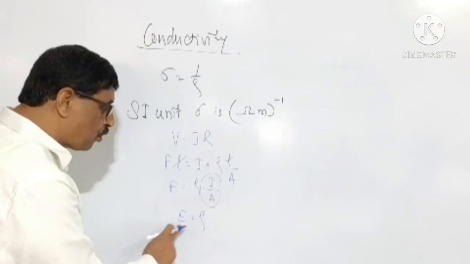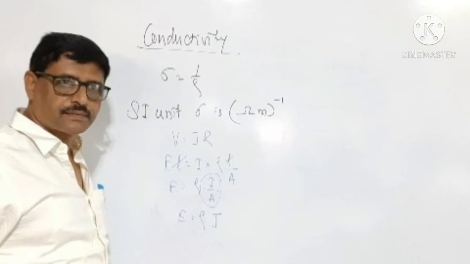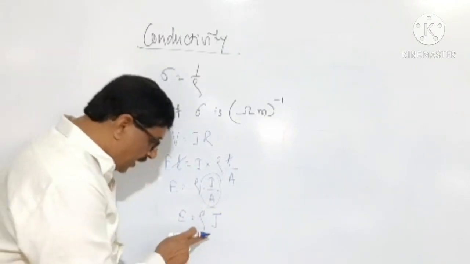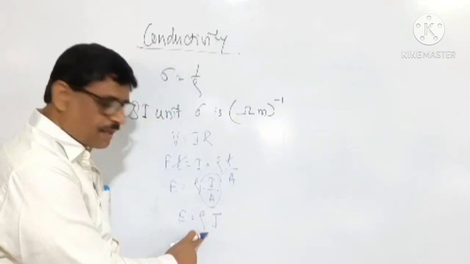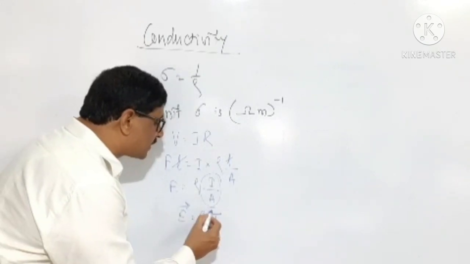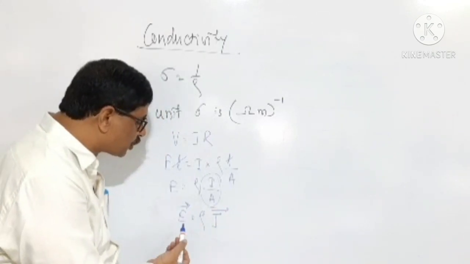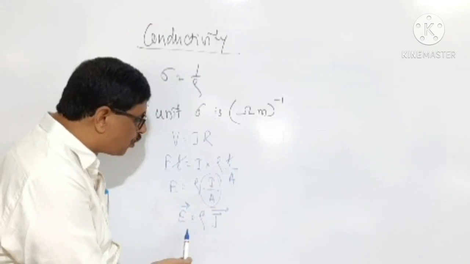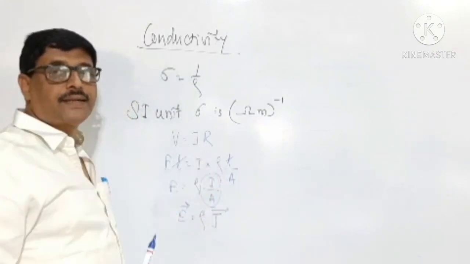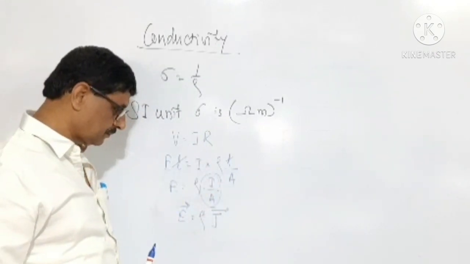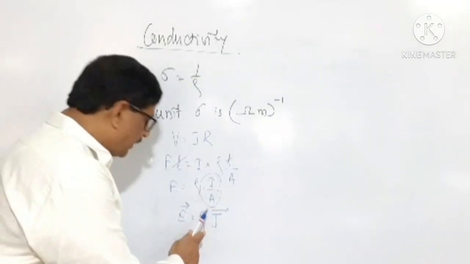Therefore E is equal to rho into J, where rho is the resistivity of the conductor. Therefore, this electric intensity and current density are related to each other by the equation: the electric intensity is equal to the resistivity into current density. This resistivity is the reciprocal of conductivity.